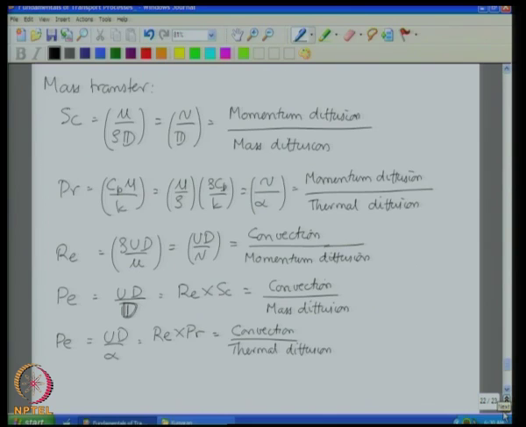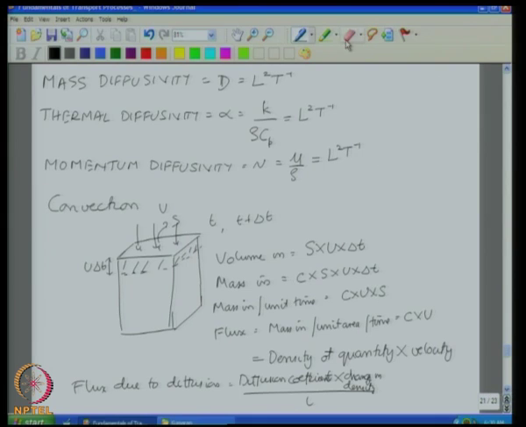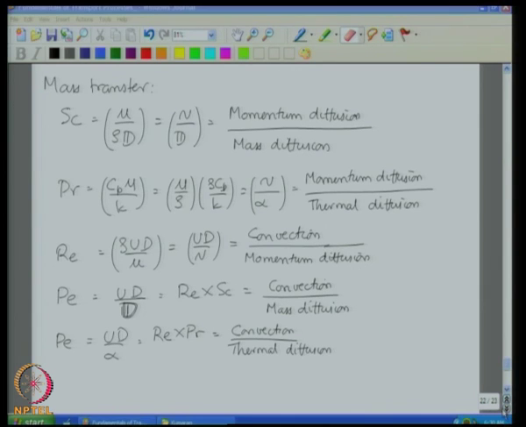Therefore, the ratio of those two will give you a ratio of flux due to diffusion and flux due to convection. So, in this case the Reynolds number is the ratio of the flux due to convection, u times length, divided by the kinematic viscosity.